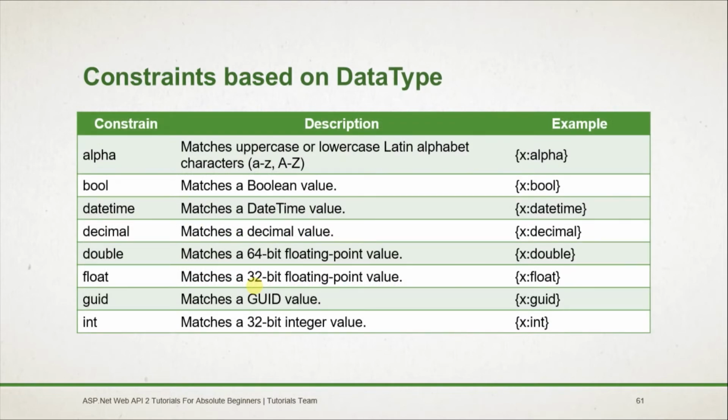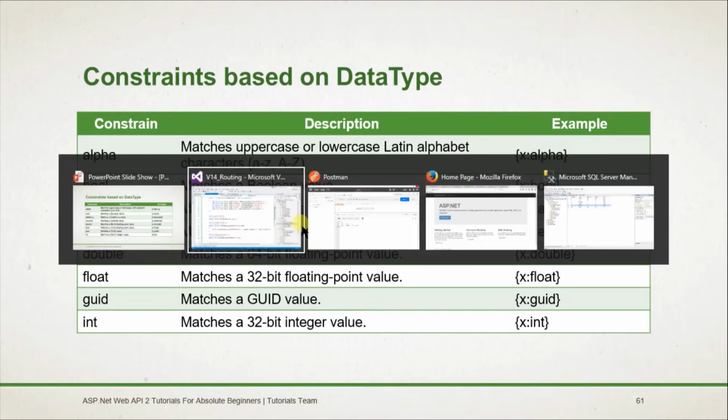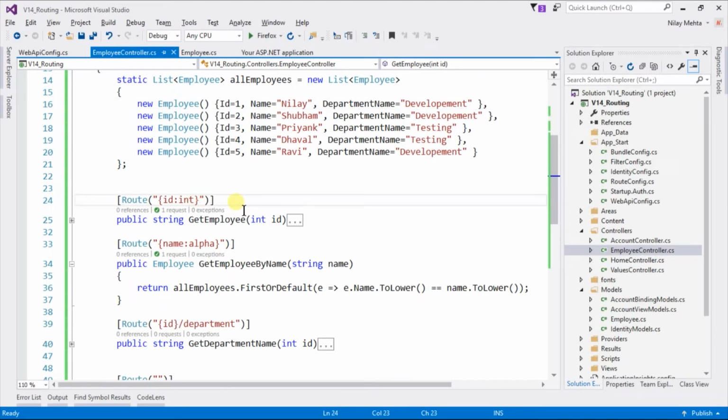Those are the constraints based on the data type, which include alpha, bool, datetime, decimal, double, float, and GUID, as well as the int that we used. We know that the ID value will always be within 1 to 5. Then we can use the range and specify the range for our ID, that will be 1 to 5.